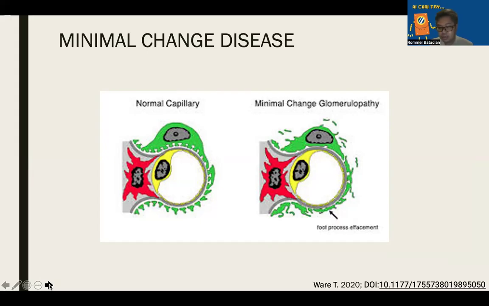The light microscopy is normal appearing, as if there are no marked abnormalities, since there are also no immune complexes or antigens that are part of the pathologic process. So the immunofluorescence is also negative. The antibodies that I mentioned will not attach to the different parts or segments of the glomerulus.